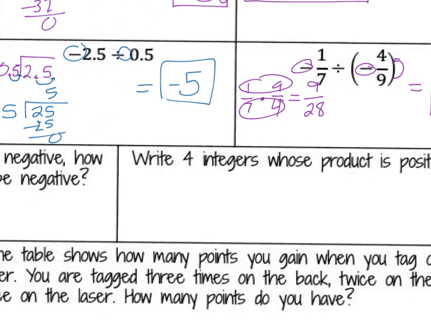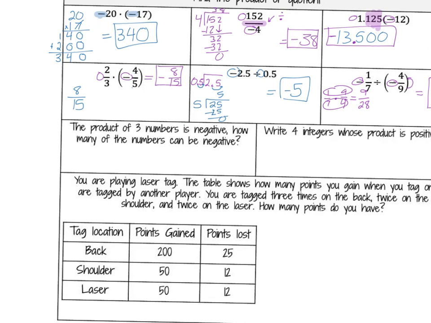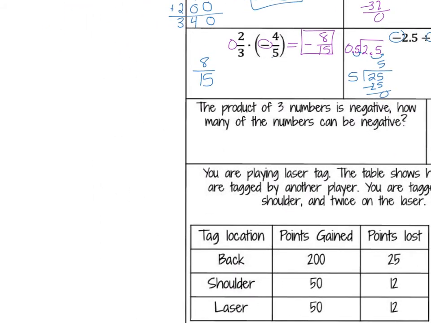Alright. So the product of three numbers is negative. How many of the numbers can be negative? Okay. Let's break this one down on the side. So I know that I'm taking this number times this number times this number, and it's going to be negative.